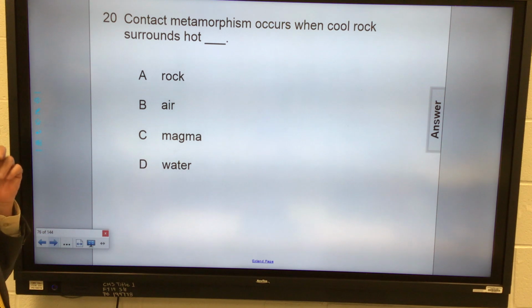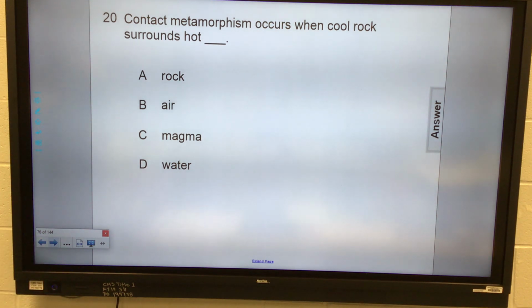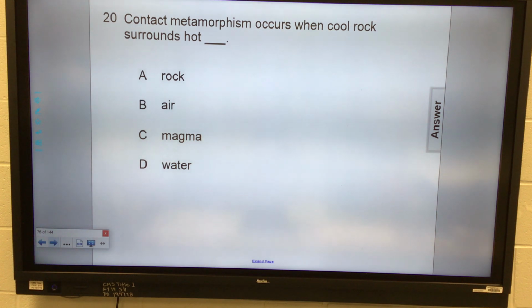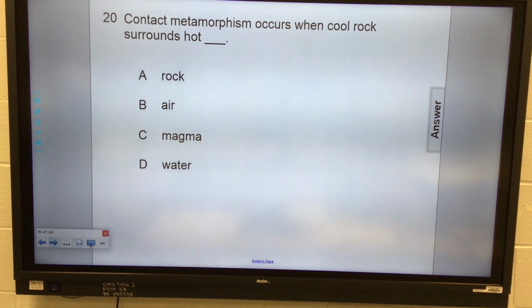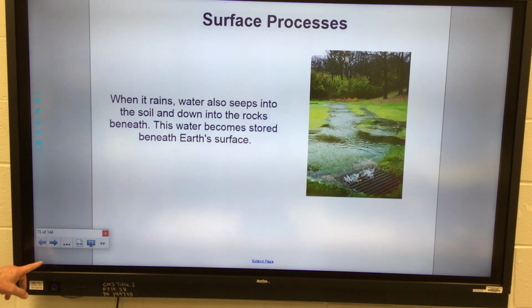Okay, so here's our question here. Contact metamorphism occurs when cool rocks surround hot what? Contact metamorphism is that cool rock surrounds hot rock or hot air. Let's look at contact metamorphism again.